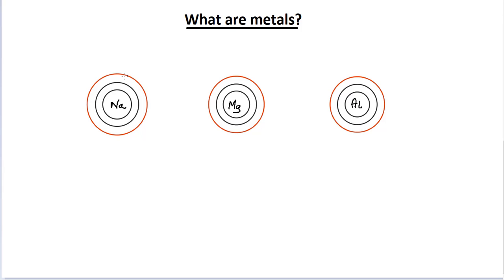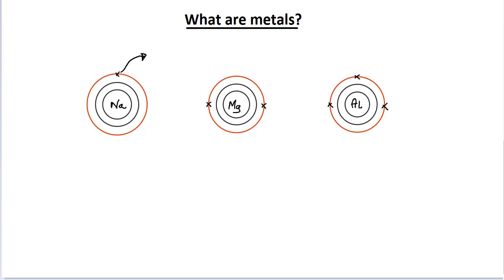You'll remember that sodium has one electron in its outer shell, whereas magnesium has 2 electrons and aluminium has 3 electrons. When sodium combines with other sodium atoms, or magnesium with other magnesium atoms, they lose their outer electrons.